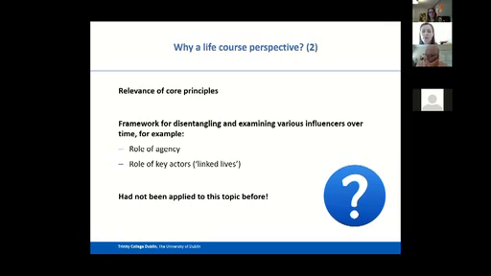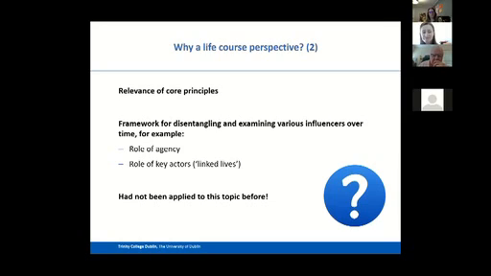And it provided me with a framework for digging in and disentangling how those principles applied and influenced the various people that I spoke to's educational pathways. I won't go into the nuts and bolts of how I applied it, but I essentially did theoretical thematic analysis. So I went in and used a deductive approach in my analysis, and I used some of the core concepts, agency and linked lives, in doing that.